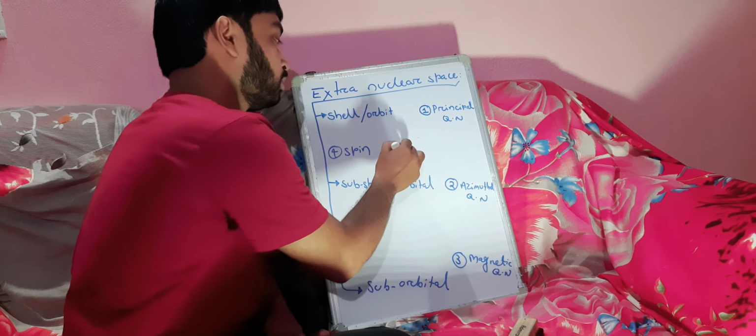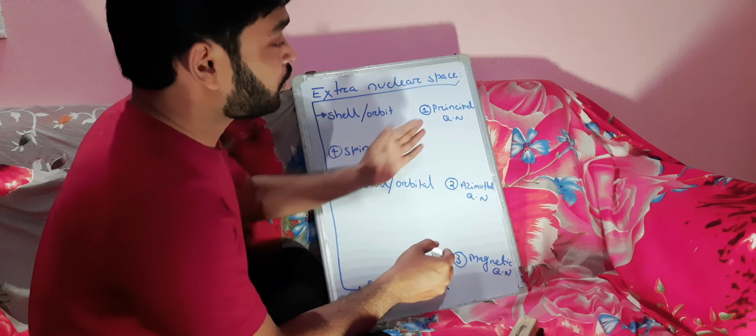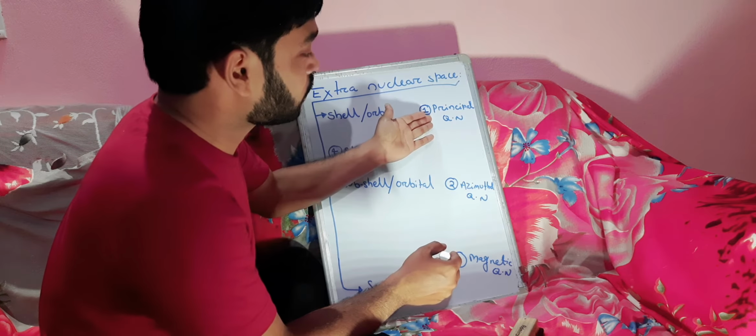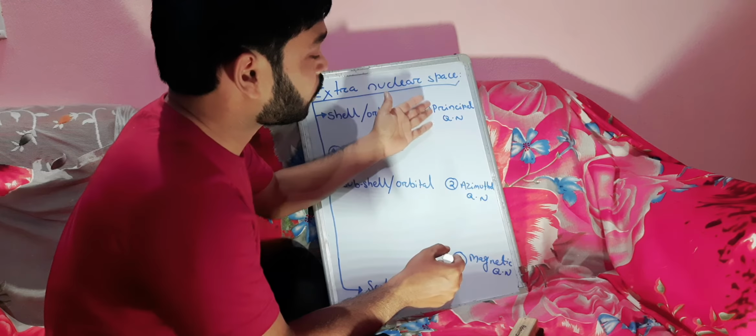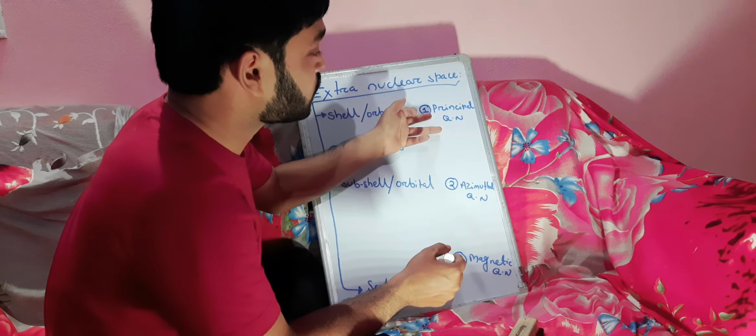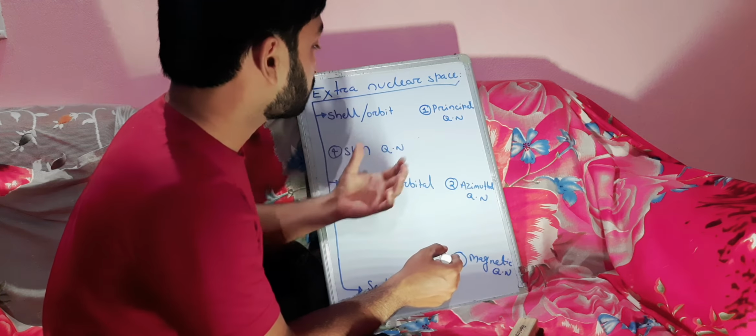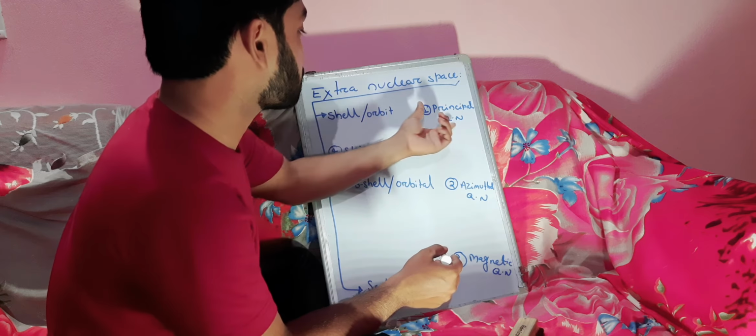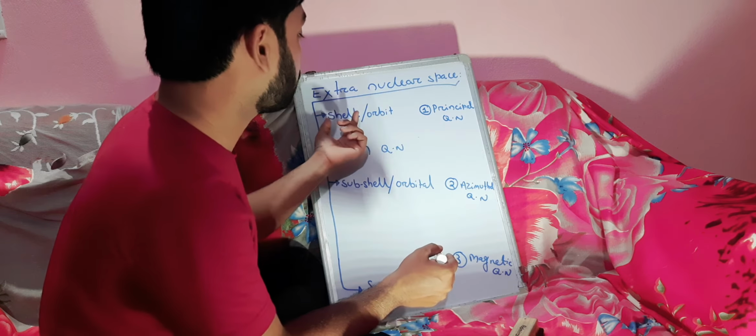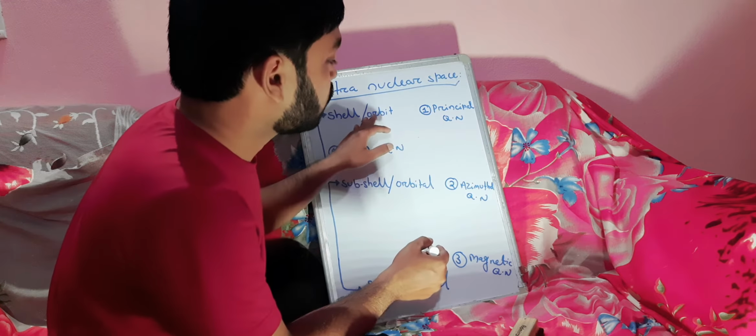As the name says, the principal quantum number is the vital part of the quantum number concept. It expresses the larger space for the electron, that means the shell.